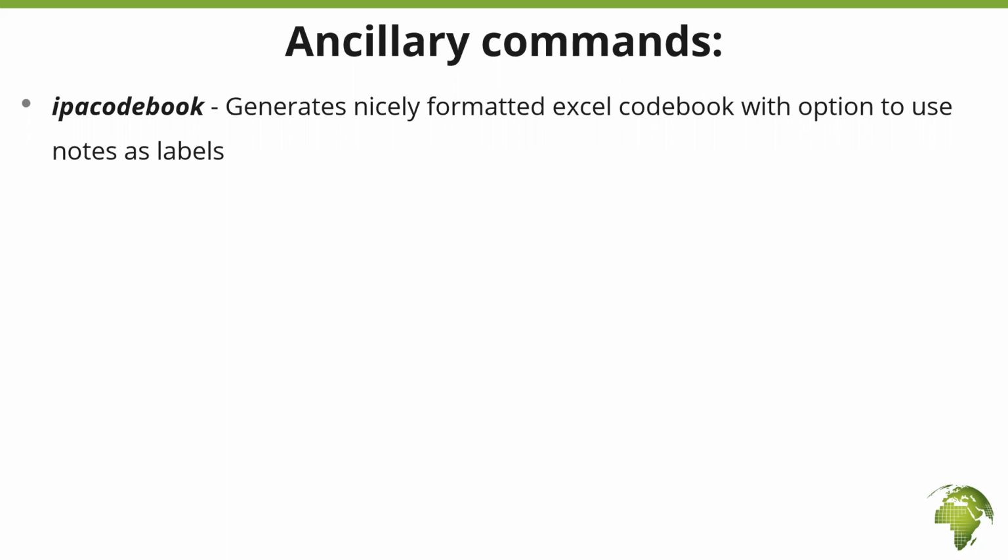So when you generate a codebook, it's just truncated to 80 characters. This allows you to use your notes instead. When you run the SurveyCTO import do file, it usually keeps the full label in the notes, so instead of using the label, you could use the notes.